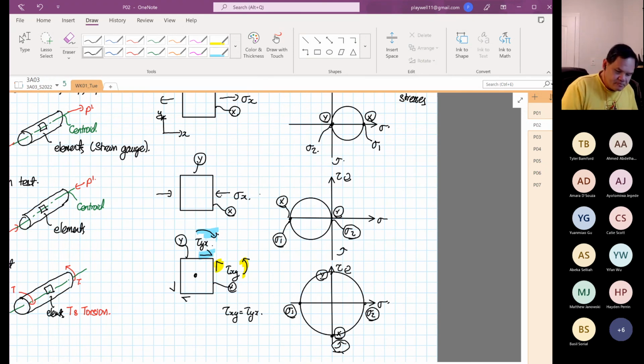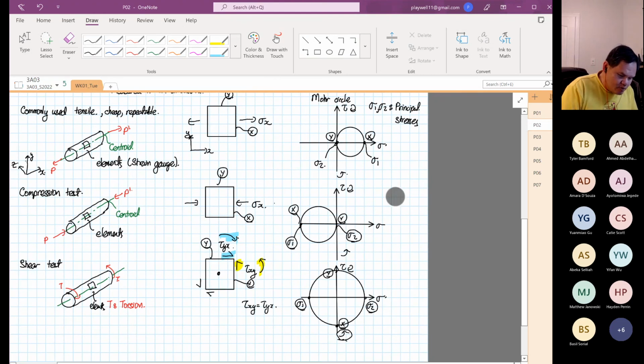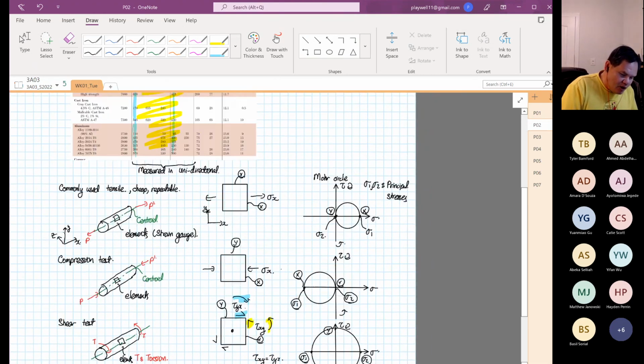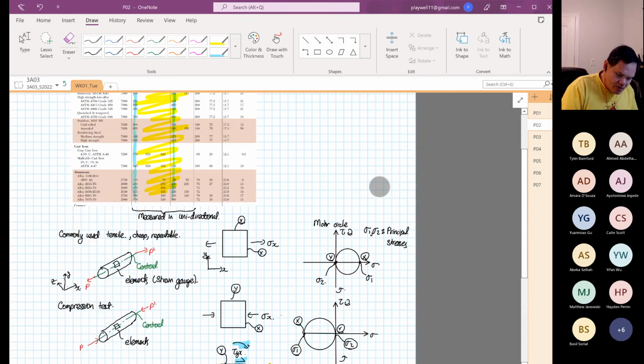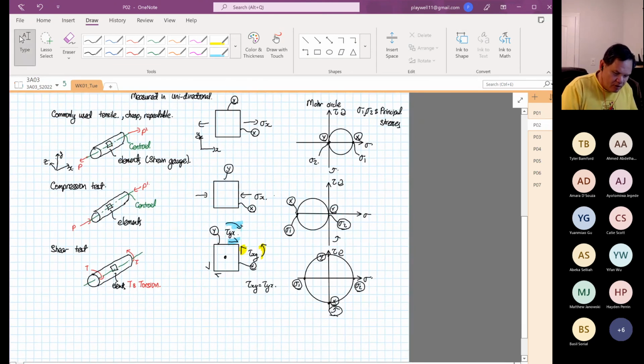So what we see down here is all these values. These are how they test the material. They find what the stresses are on the element, and they construct the Mohr's circle. Now this is easy.